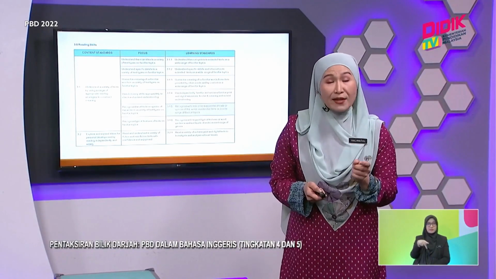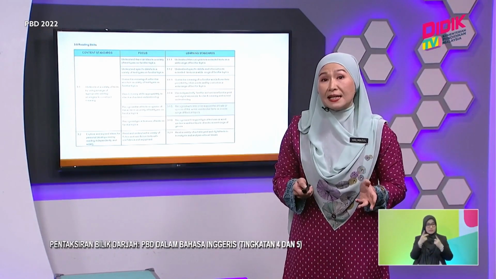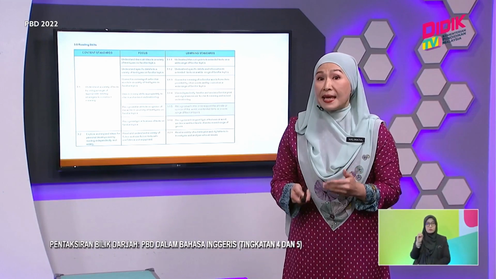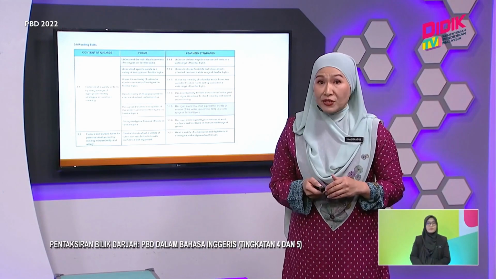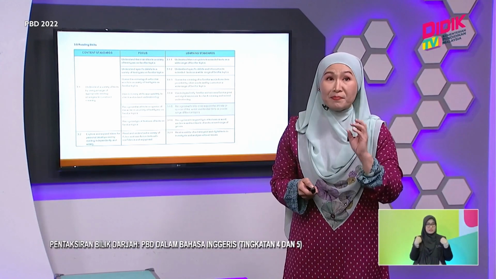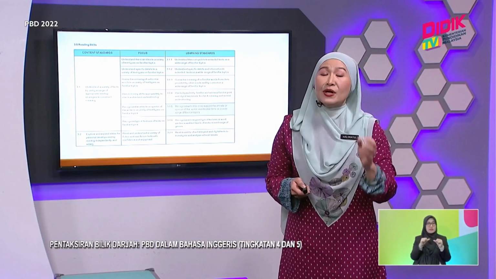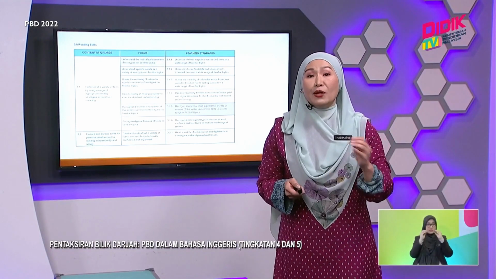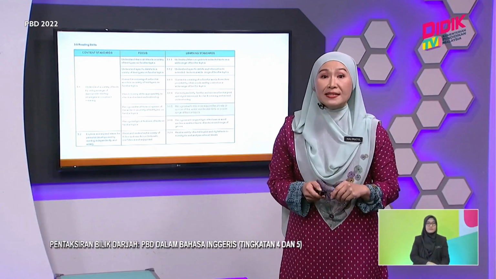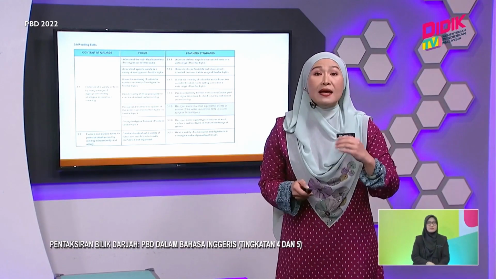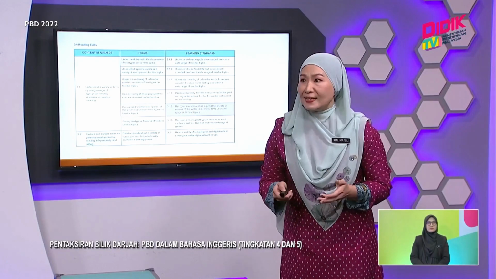But if you go to the SOW, you will see this particular learning standard being the main learning standard that you have to teach. I'm focusing on just the main learning standard, because when we are assessing PBD and we mirror it to our lesson, we assess them based on the main learning standards.